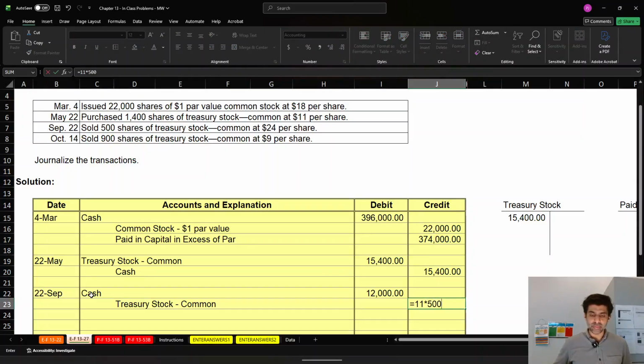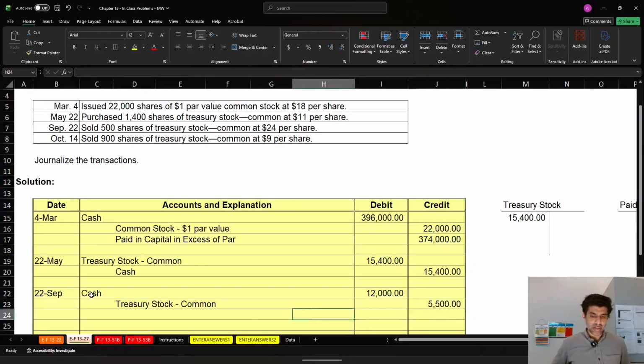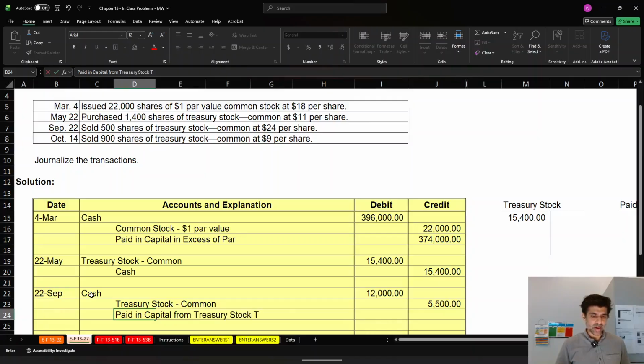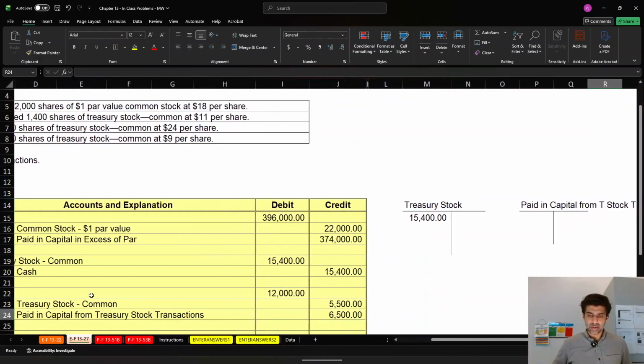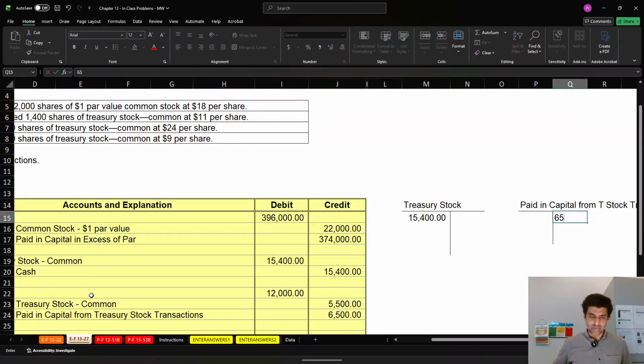There's 500 shares that we're selling. Okay, and then the remainder is going to go into this paid in capital from treasury stock transactions. So this is kind of like the profit that we earned from this trade. Okay, so this is going to be 6,500.